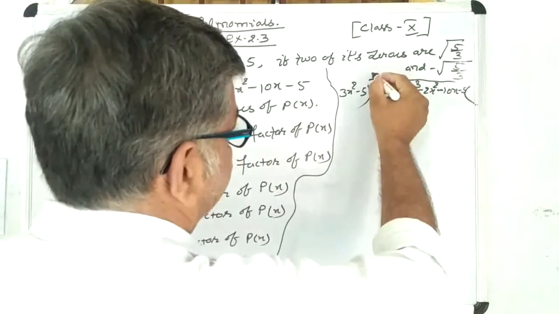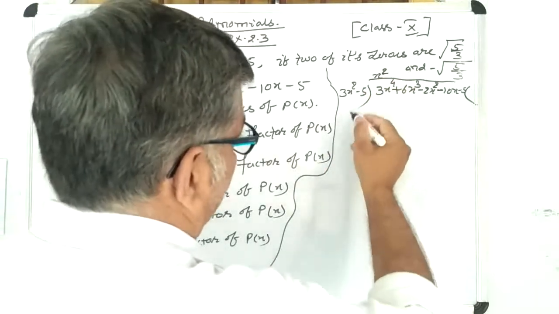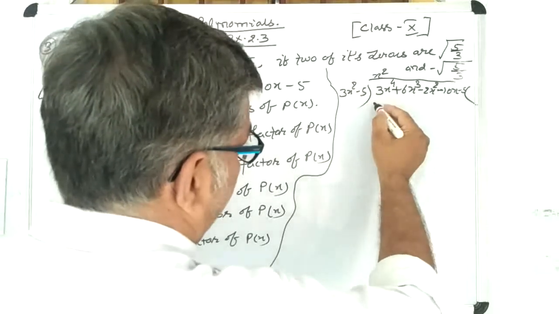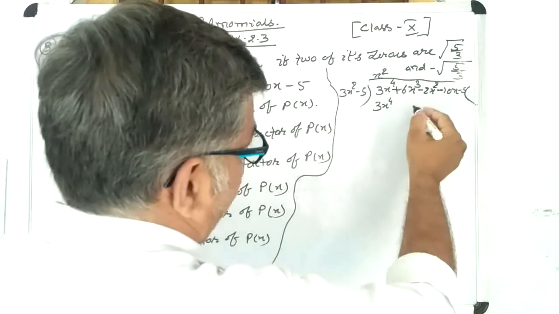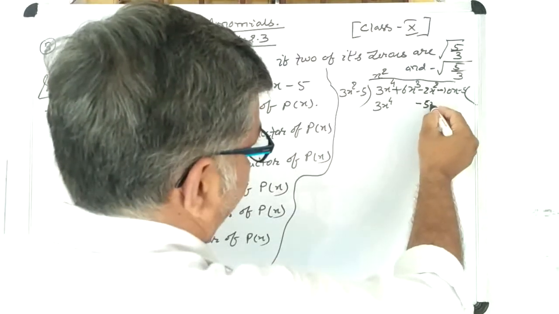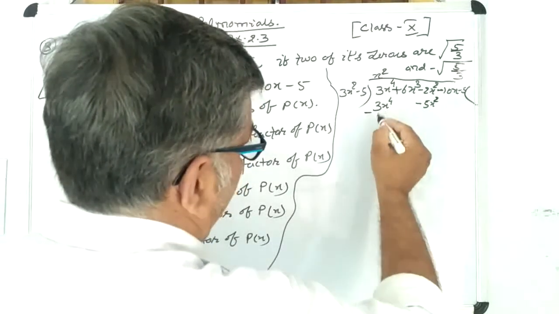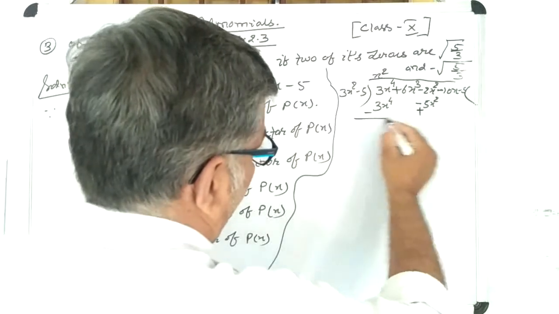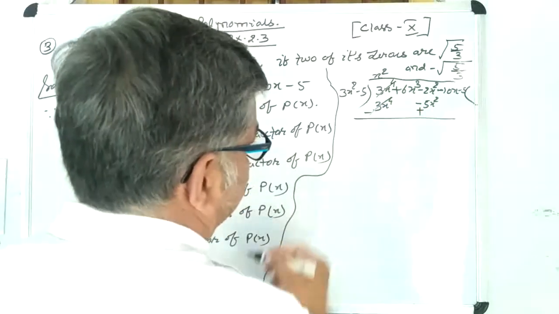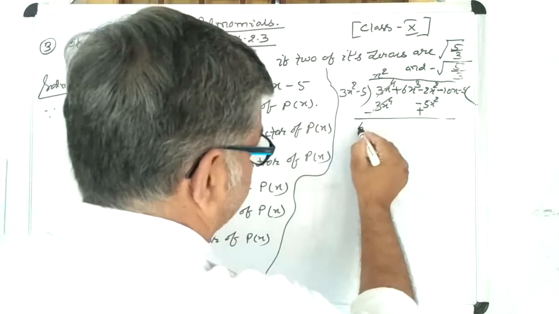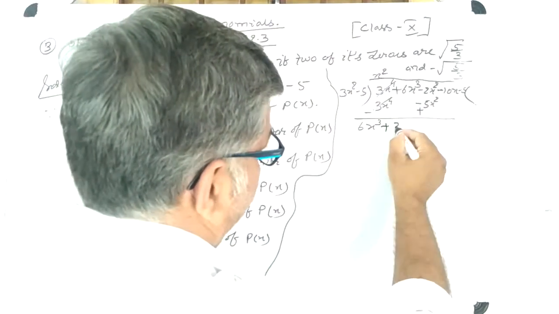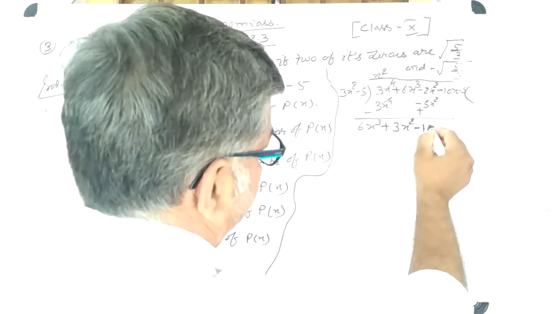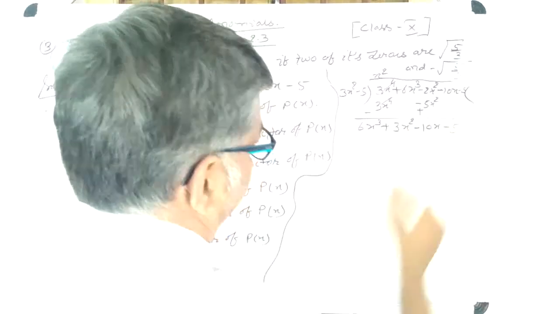It will go x square times. So multiply by x square, it will be 3x power 4 minus 5x square. Now change the sign, so this will get cancelled. So now you have 6x cube plus 3x square minus 10x minus 5.